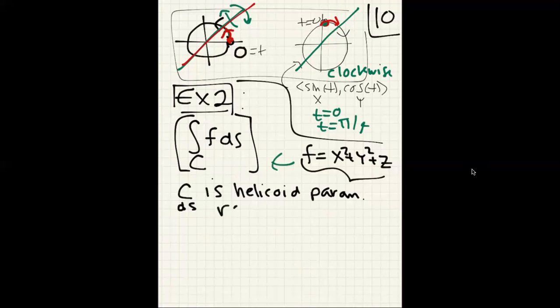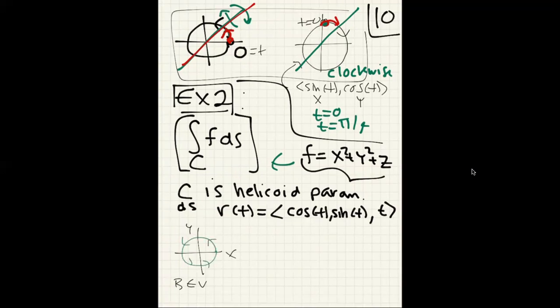r of t equals a cosine and a sine, meaning a bird's eye view of this looks like just a circle in the xy plane, and then the z component is going to rise up by t. We've seen an illustration before, but in the bird's eye view it really just looks like this circle.